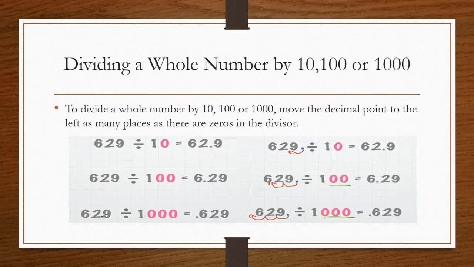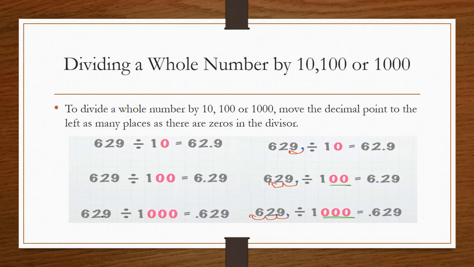For example, 629 divided by 10. It doesn't have any decimal point, but we should imaginarily keep a decimal point after that 9. So it moves to the left side and becomes 62.9. Let's see another example. 629 divided by 100. It has 2 zeros.